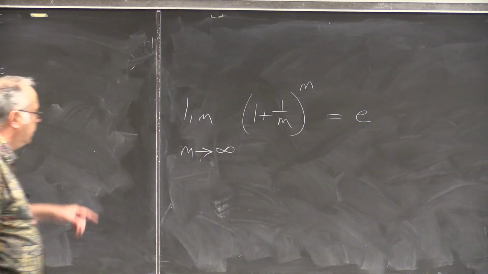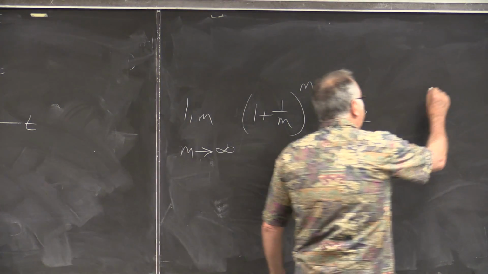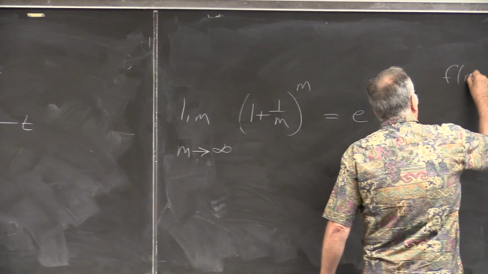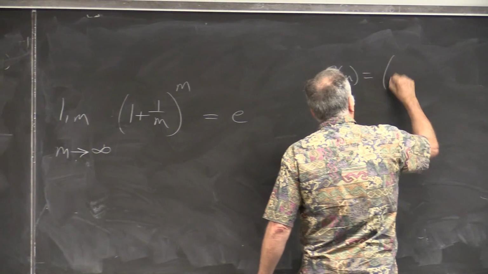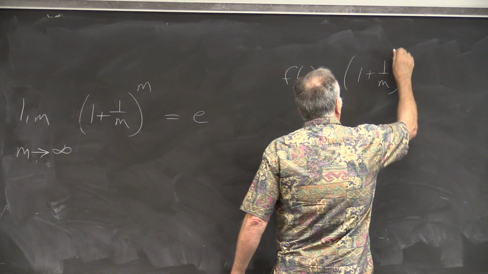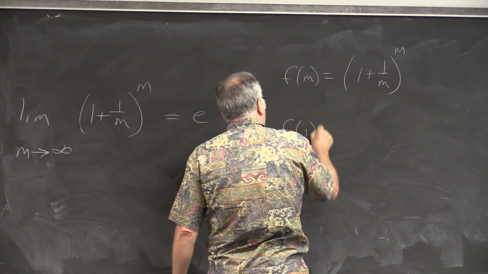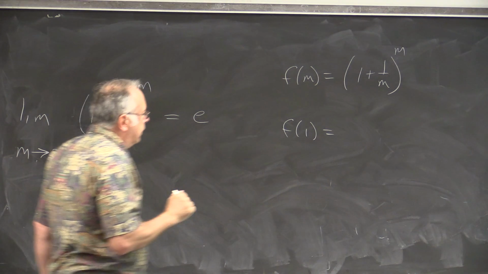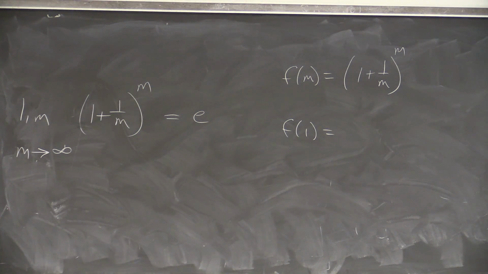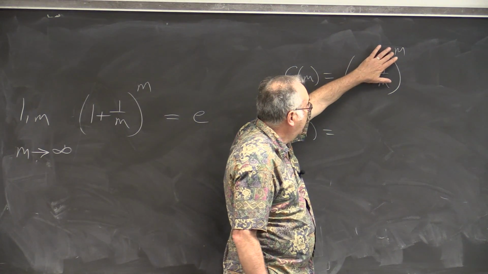Let me just illustrate this. Let's call this part f of m. Let f of m be this: 1 plus 1 over m to the m power. Now, suppose m equals 1. What would this part be? 2. Okay. You'd have 1 plus 1 over 1, that's 2, raised to the 1 power.